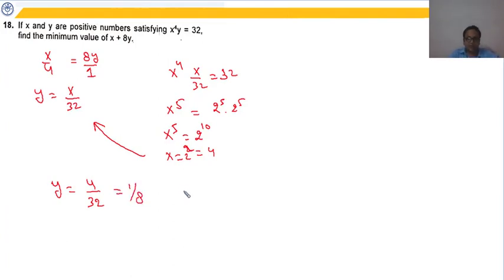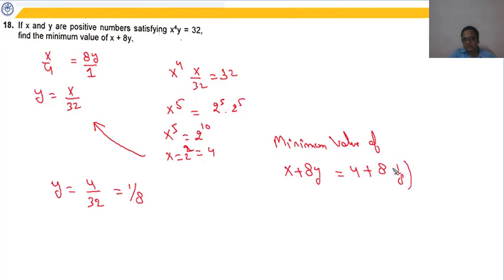So we get the value of x and the value of y, and we have to find the minimum value of x plus 8y. x is 4, plus 8 into 1 by 8. So this 8 and 8 cancel out. So the minimum value of x plus 8y comes to 4 plus 1, that is 5.